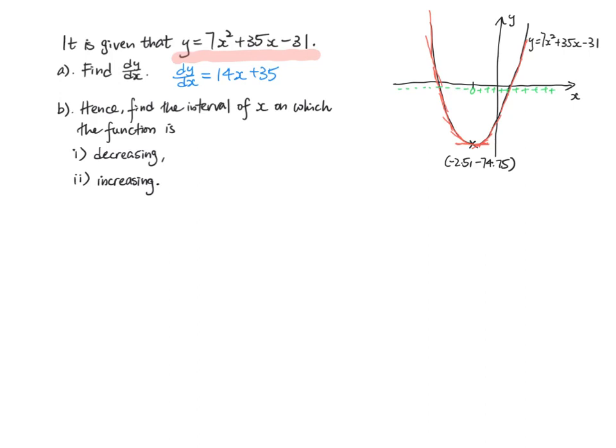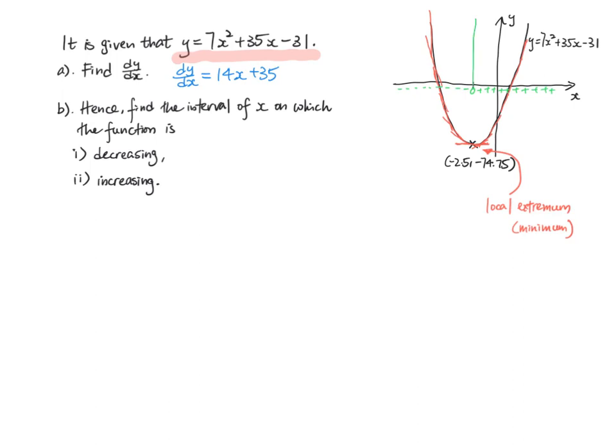Okay, we call these local extremum. Okay, the plural form would be local extrema, and in this case, for this vertex, you call that a local minimum, and it is this point that divides the function into two sections.